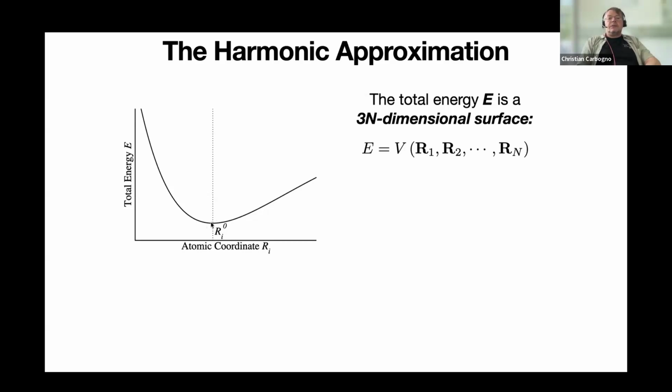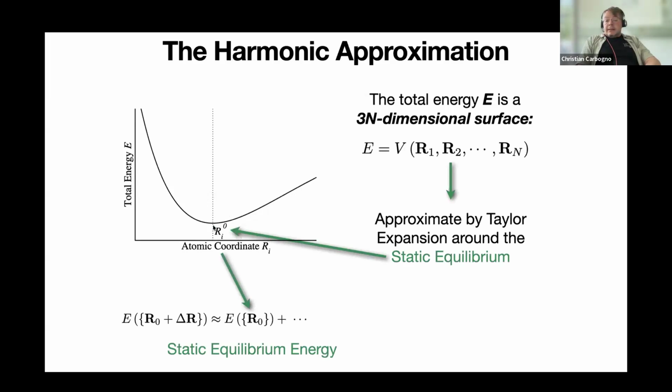But now we approximate this potential energy surface. And we do that by a Taylor expansion around the static equilibrium. Now, the first term in such a Taylor expansion is obviously the energy at equilibrium. So this is the first term that enters this expansion, and this is what we would calculate in a standard relaxation.